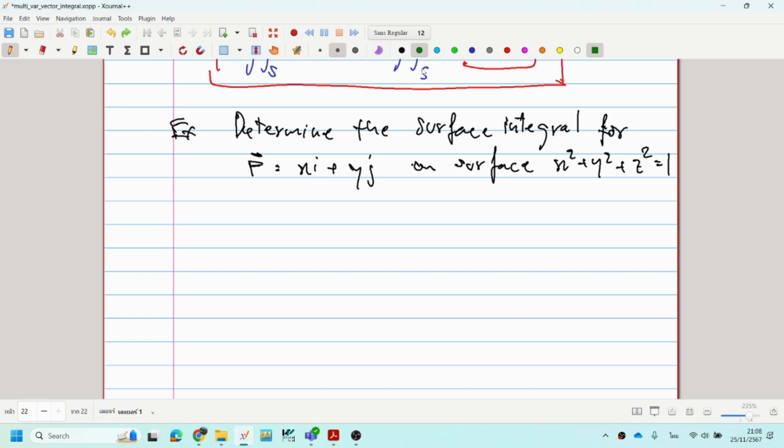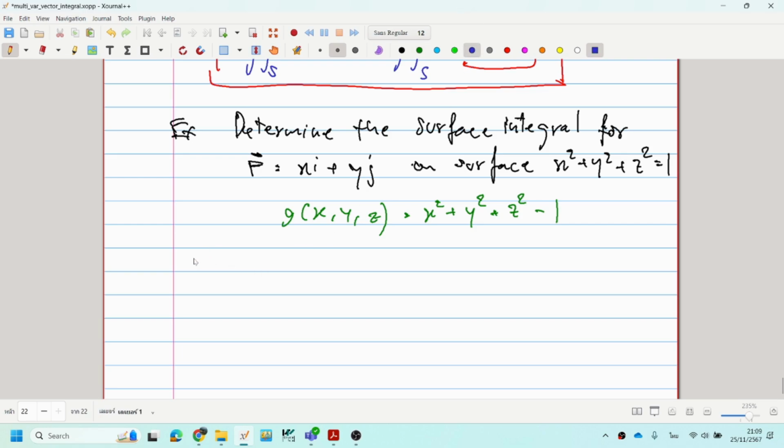On the surface, the surface function is x square plus y square plus z square equal to 1, and g is the surface function because I define function g, equal to x square plus y square plus z square minus 1. This is the surface function.